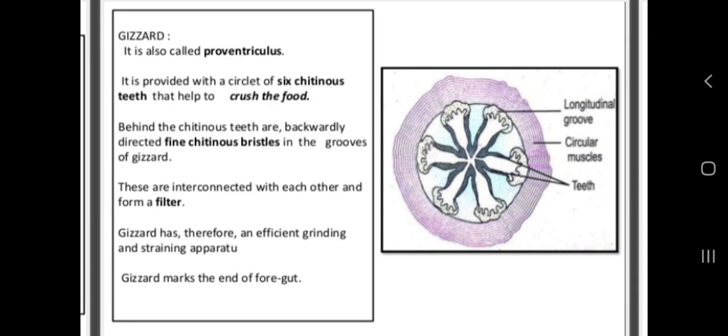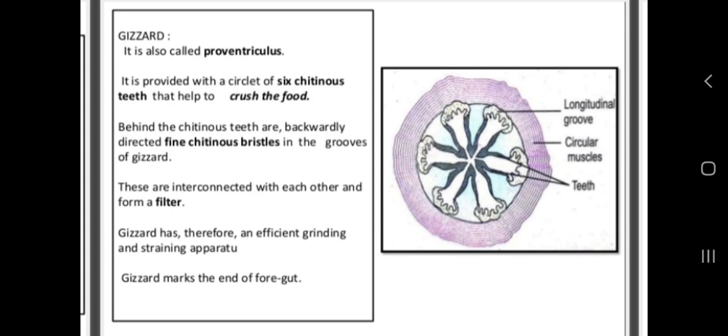In the gizzard, the food is macerated. For this purpose, the anterior part of the gizzard is suitable and it is called armarium.